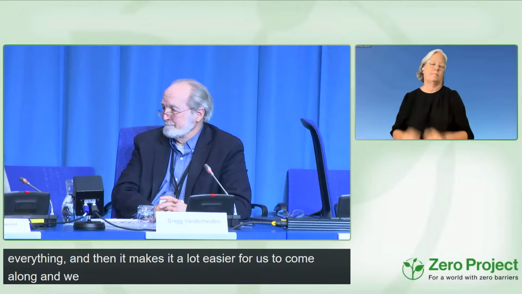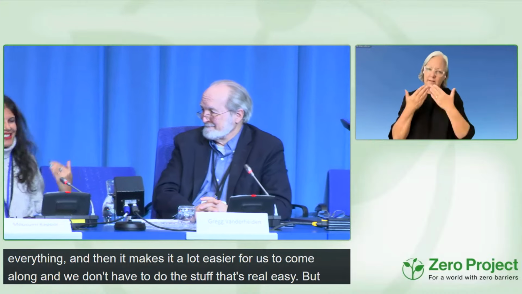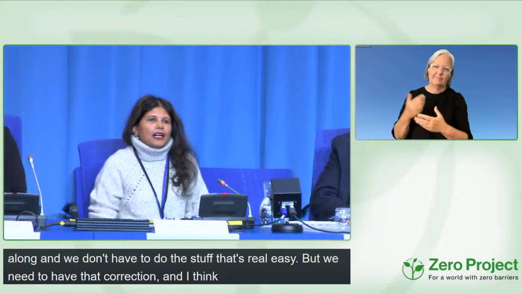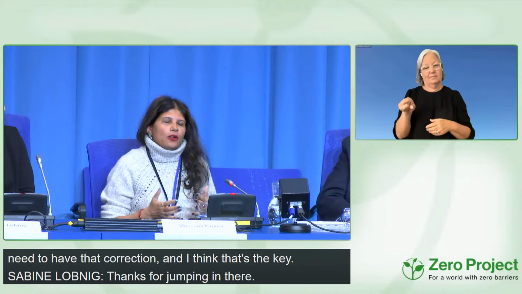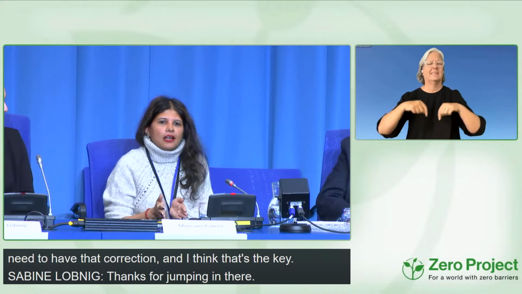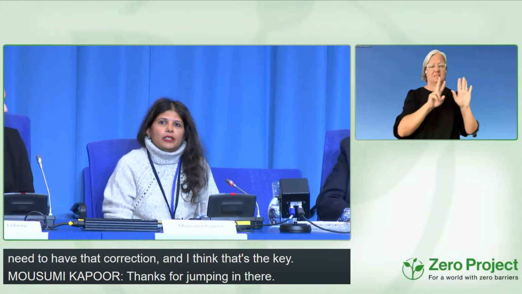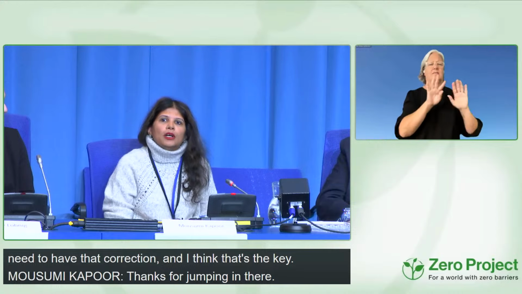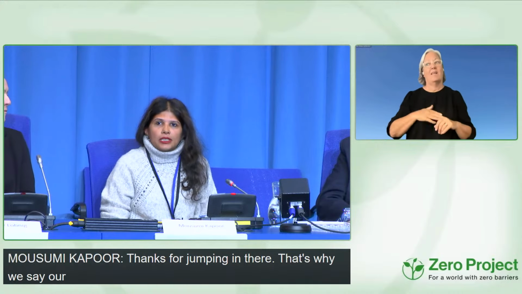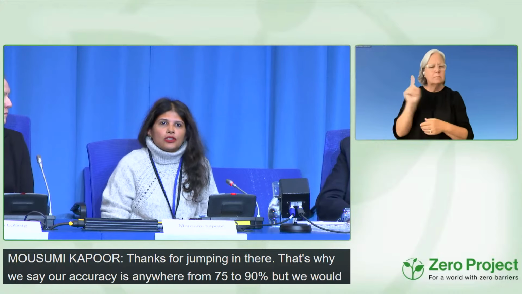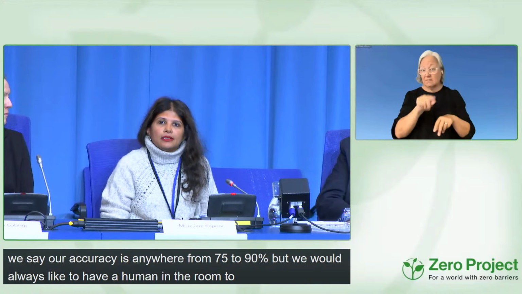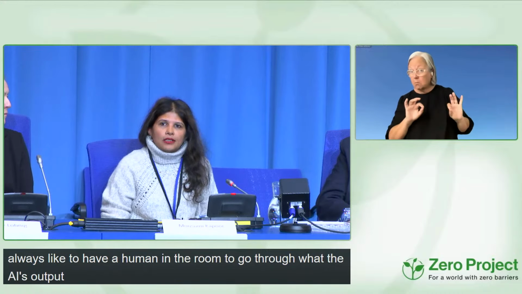Yeah, thanks, Greg. Thanks for jumping in there. You're exactly right. That's why we always say that our accuracies are anywhere from, say, 75 to 95%, but we always would like to have a human in the loop to go through the AI's output to make sure the user experience is perfect.